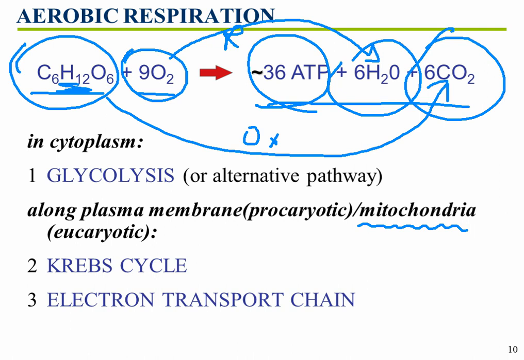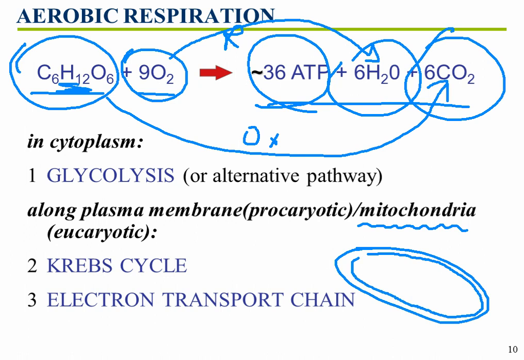So in bacterial cells, here's a bacterial cell right there. And here is its cell membrane inside of the cell wall. Okay, cell membrane is the inner blue line. This process of Krebs cycle and the electron transport chain is occurring right here.